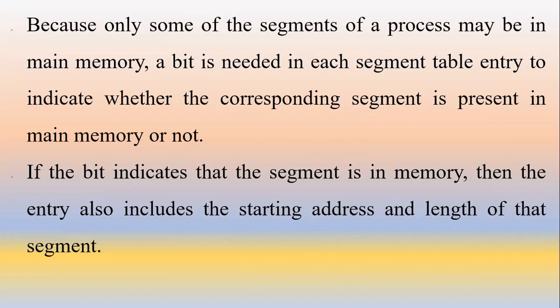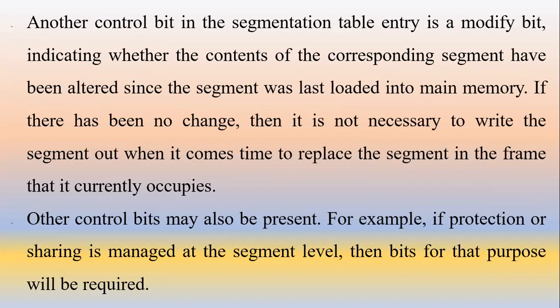If the bit indicates that the segment is in memory, then the entry also includes the starting address and length of that segment. Another control bit in the segmentation table entry is a modified bit, indicating whether the contents of the corresponding segment have been altered since the segment was last loaded into main memory.